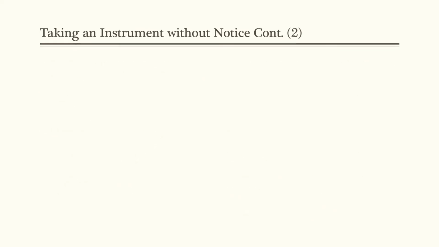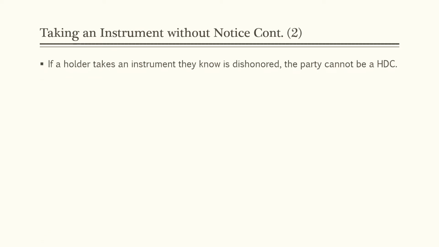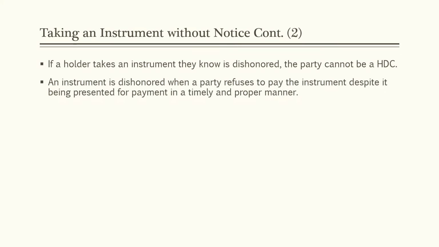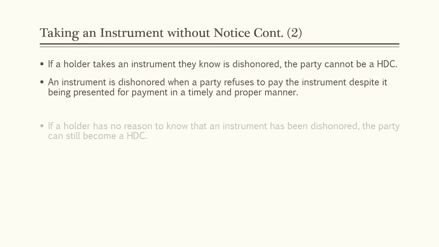Another problem that would destroy holder in due course status is taking an instrument that has been dishonored. If a holder takes an instrument they know is dishonored, the party cannot be a holder in due course. An instrument is dishonored when a party refuses to pay the instrument despite it being presented for payment in a timely and proper manner.